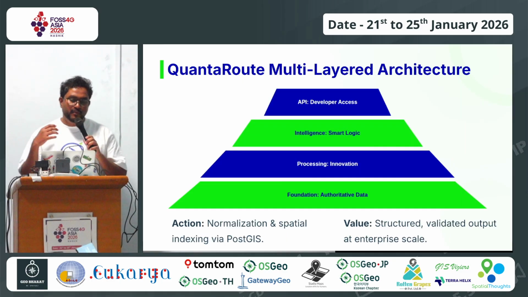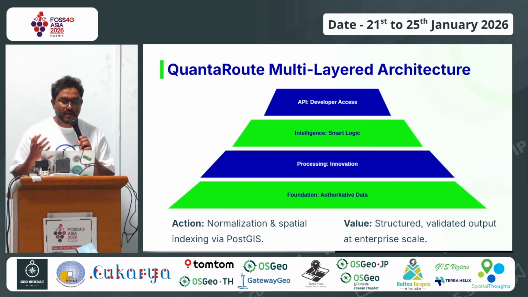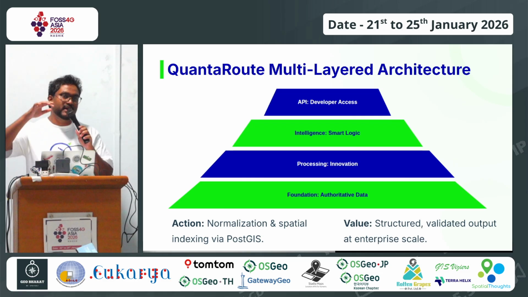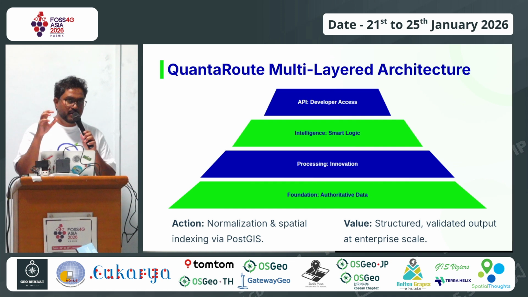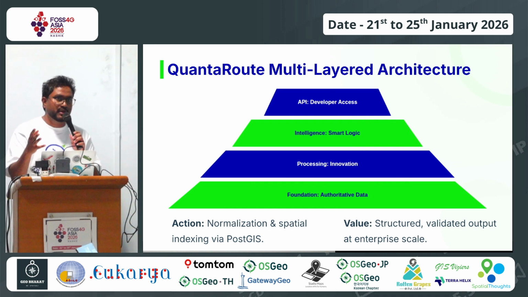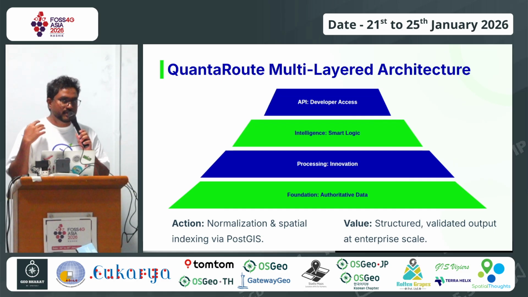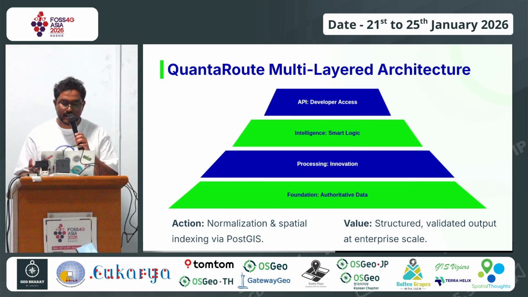Now, how the QuantaRoute system works: it is a multi-layered architecture. The foundation data is our Indian government data, which is open to all. You can see the government portal; those data are released over time, with updates, and released under open licenses. You can use it for commercial purposes freely. So I have taken that data and cleaned it up.